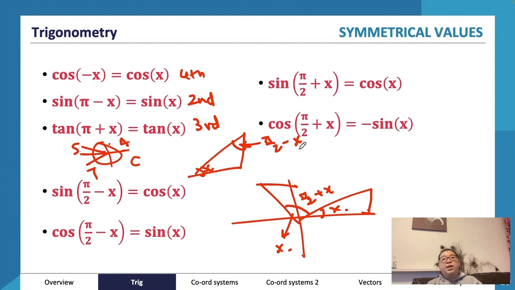So the angle in here is pi on 2 minus x, and then you plus that back in. You can imagine that goes to here instead. The main thing to remember for this one is why cos goes to negative sine: cos was going to be negative in the 2nd quadrant, whereas sine wasn't going to be negative in the 2nd quadrant in the first place.